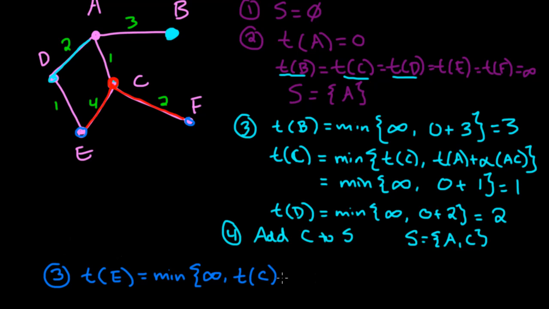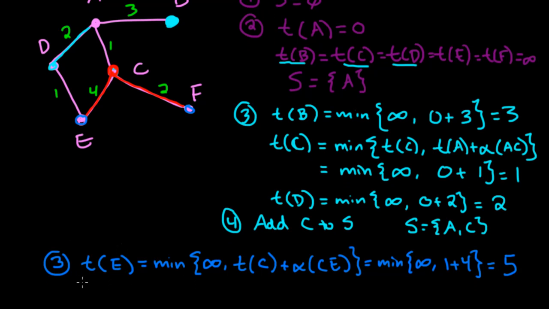That's C. Plus the edge weight of C to E. So what is that? It's taking the minimum between infinity, or what was T of C? Well, we had it here. It was 1. T of C was 1, and so this is 1 plus the edge weight here, 1 plus 4. In other words, we give it a new label of 5. So E is now labeled 5.